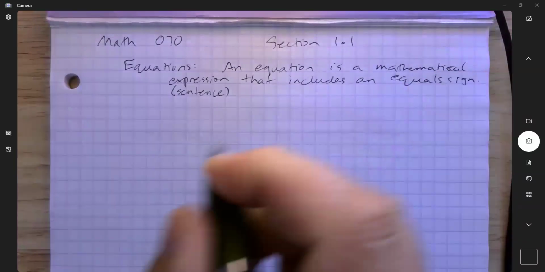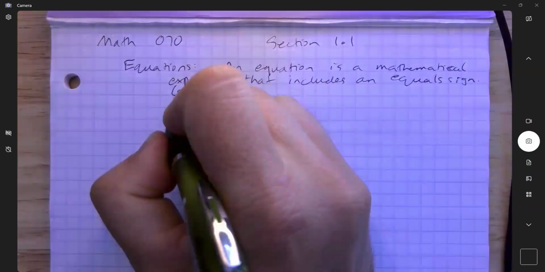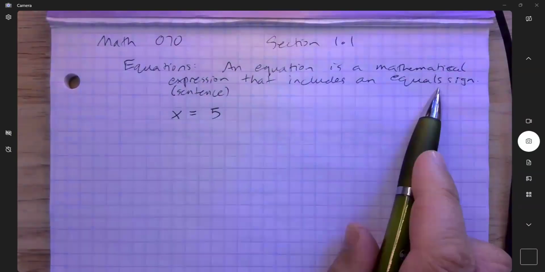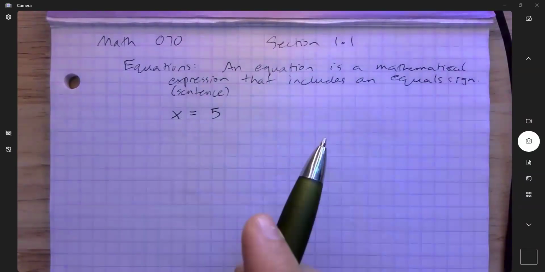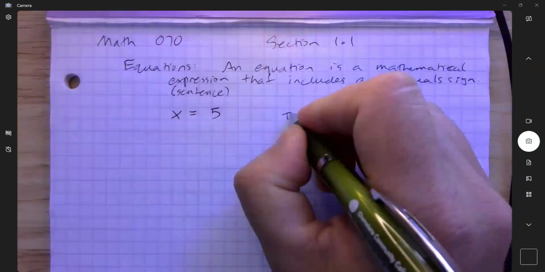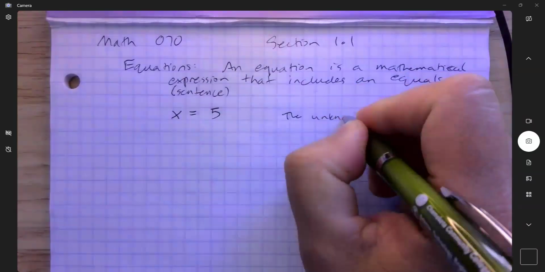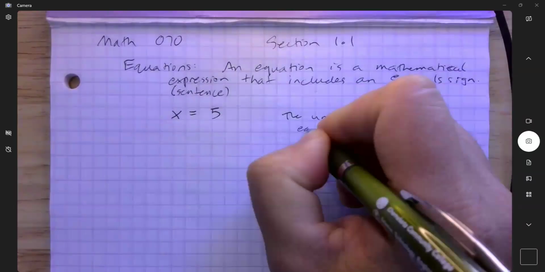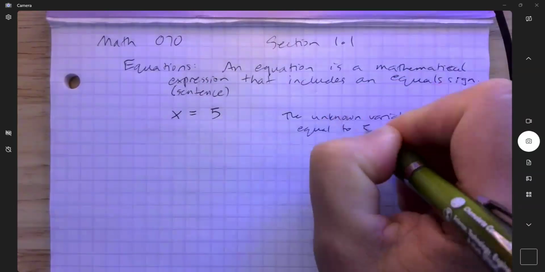So something like x equals 5 would be a mathematical expression that involves an equal sign. So this is an equation. This equation right here tells us that the unknown variable is equal to 5.